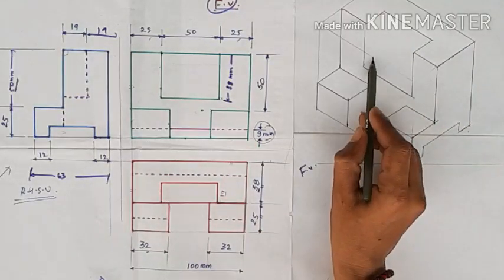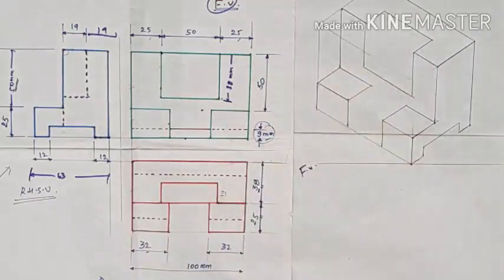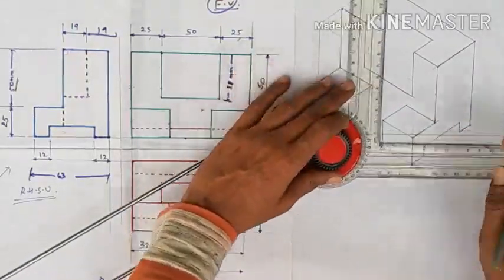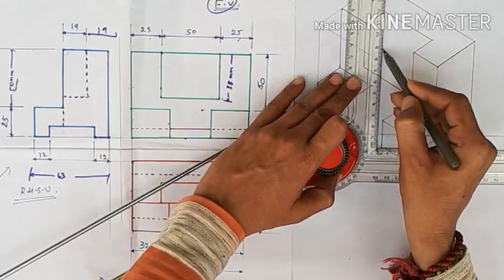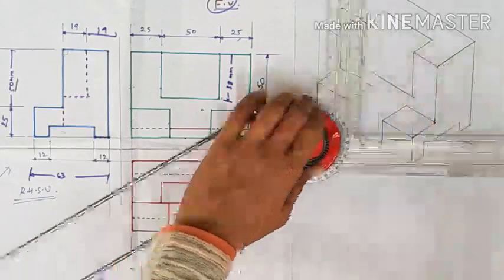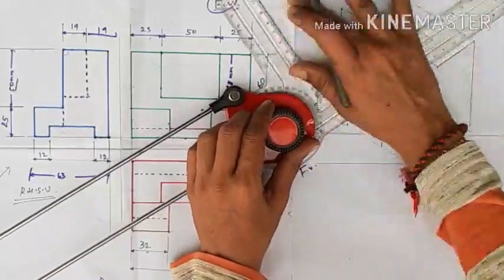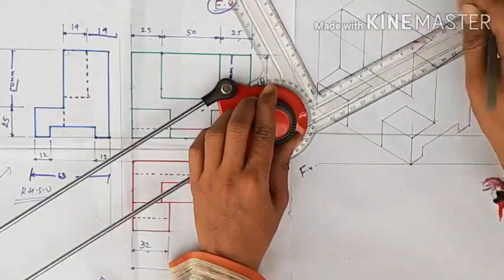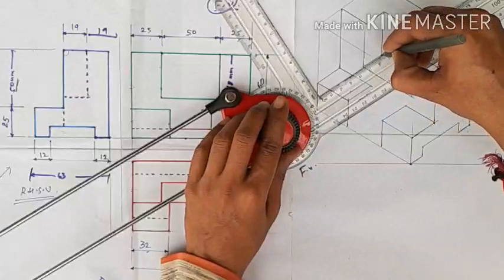From the top view we haven't seen anything from here, so we make this. So putting the line parallel to it, and again it is 38 mm from here. Starting with 12, this is till here, and make this line parallel to it like this.